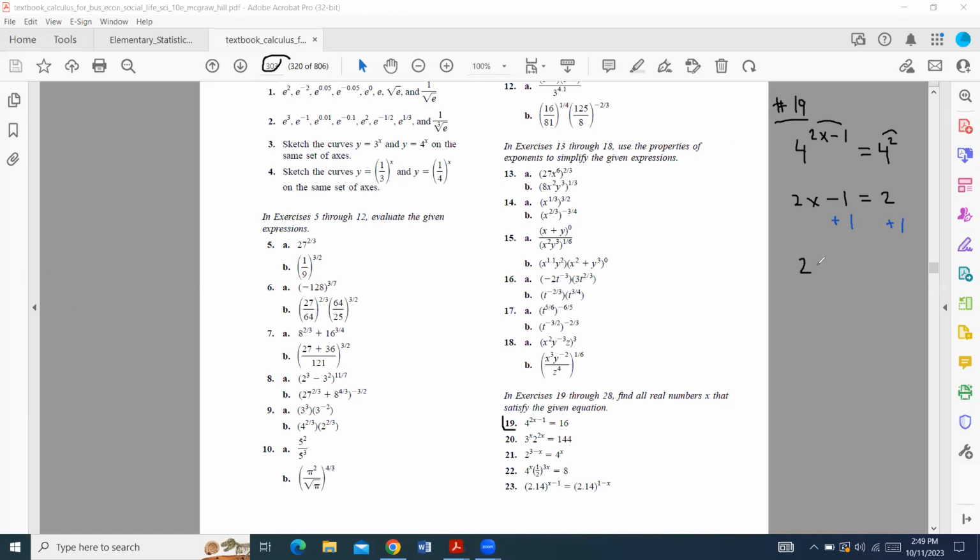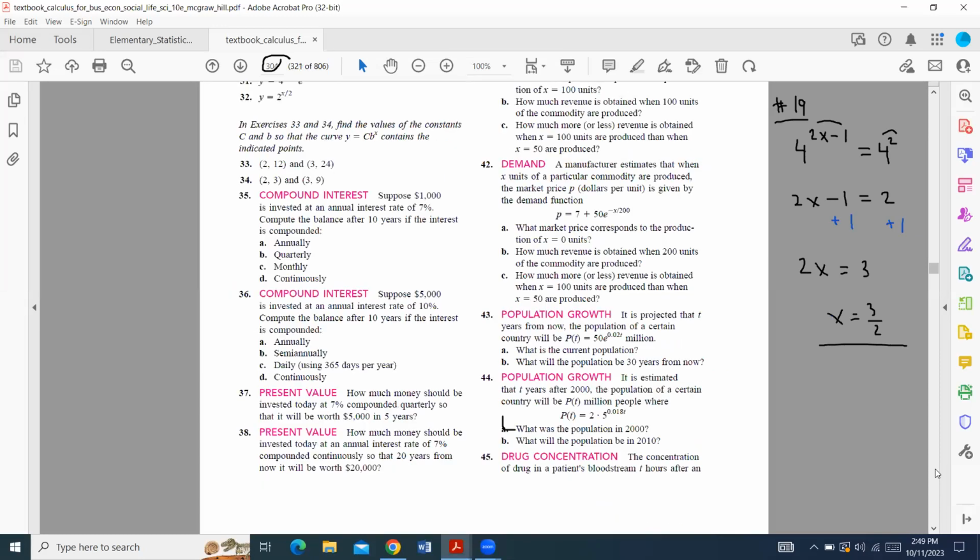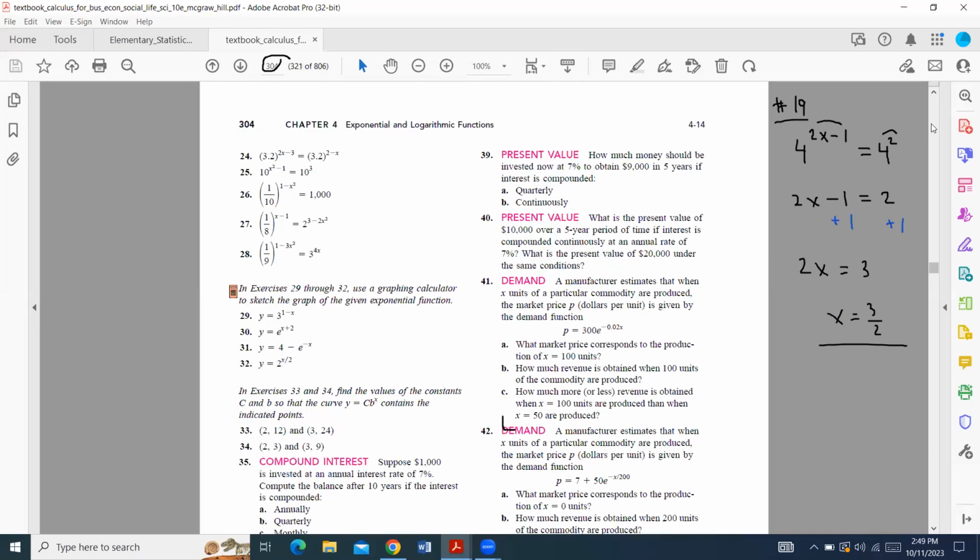So 2x will be equal to 3, and x will be equal to 1.5, or 3 divided by 2. So we solved this equation. The point is, get rid of the bases of these exponents. We'll work them in more detail when we get to the next section.